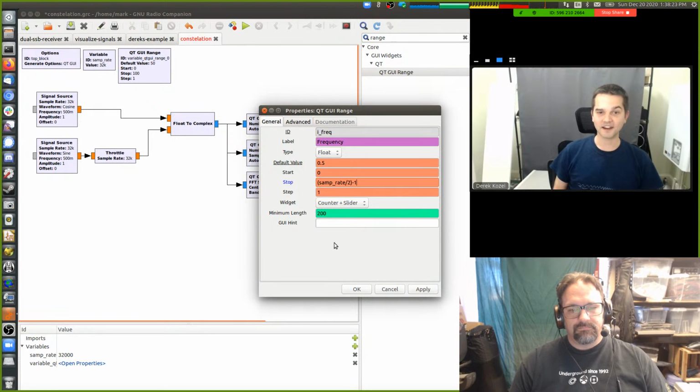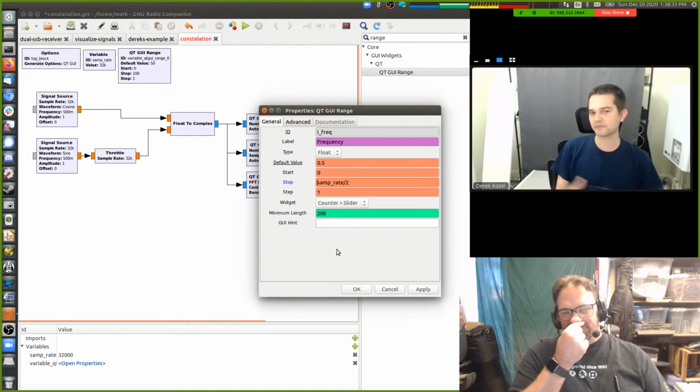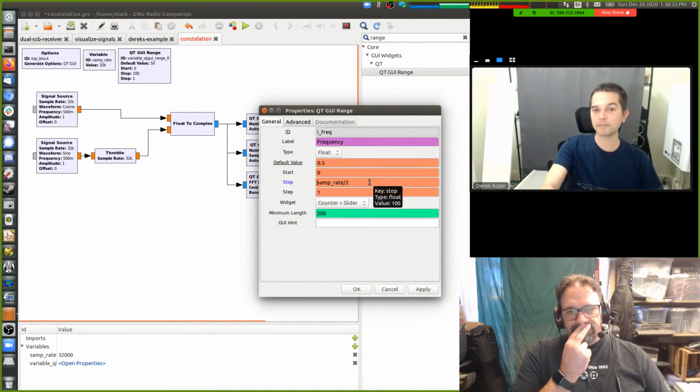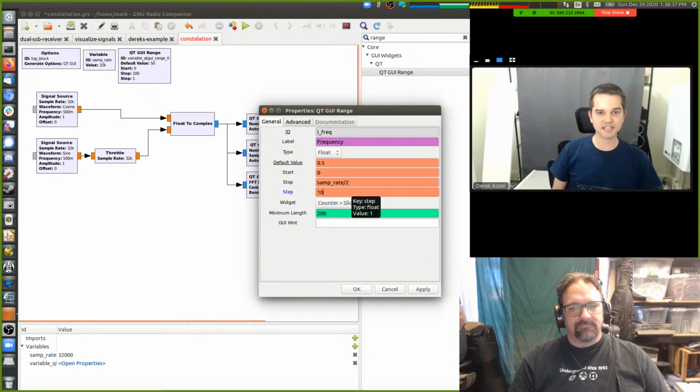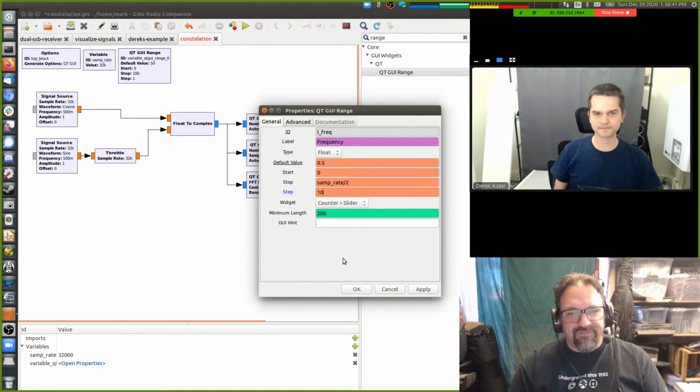So you correctly set the start to 0, because conventionally we don't say that it can do negatives. We just take that as assumed. The stop is half of the sample rate. Yes. Step size, let's go, or actually, not if I'm doing 0.5 as my default. It won't matter, but okay, do half.